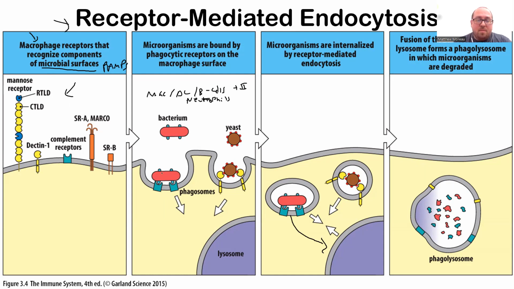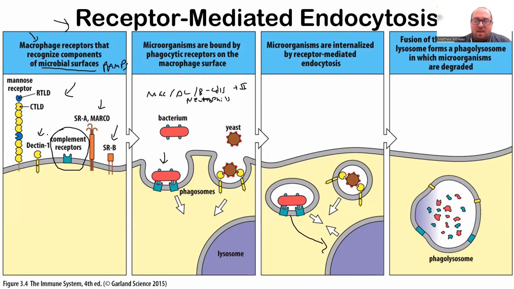When these receptors are engaged, and this is why complement, if you think about it, is also so important. Complement receptors play an important role in this process, because at some level there is also a minimalist number of receptors that these cells can have.